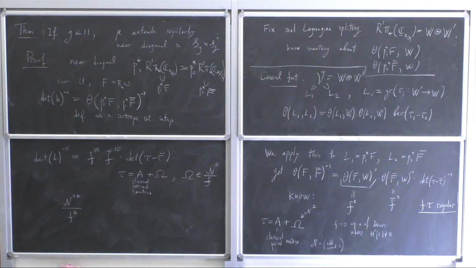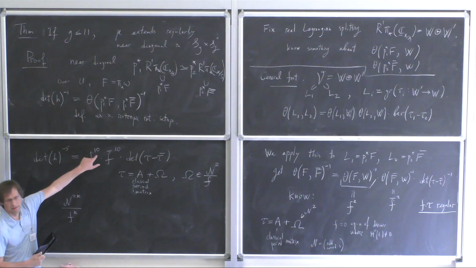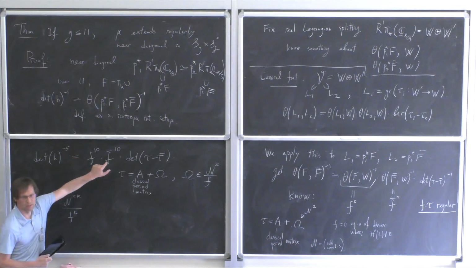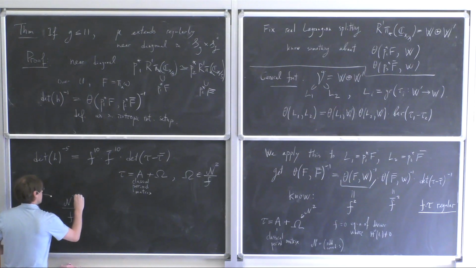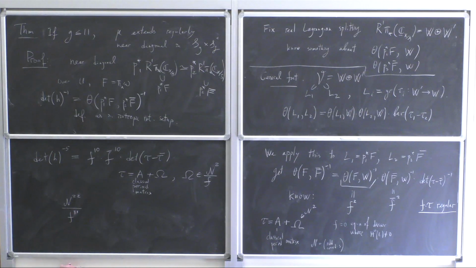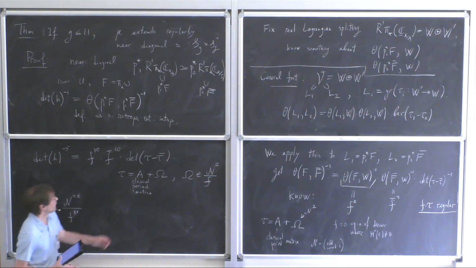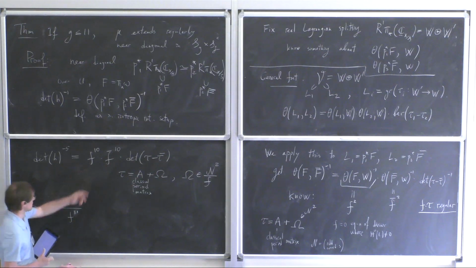And so now, up to k equals 10, they're going to be killed by this product. So the first thing that will not be killed is when you have n to the 22. So this is the smallest power that can appear here that is not killed by this.